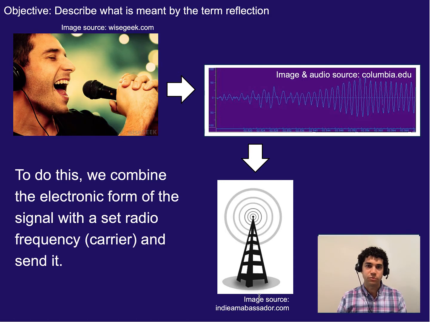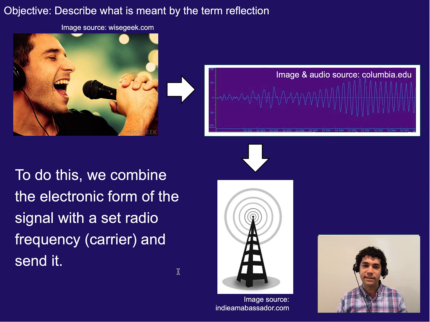So the process for that is we combine the electronic form of our signal with a carrier wave. So you think about a radio station, it has a tuning frequency that you go into, whether it's 106.1 or 106.7 or 98.9 or 94.9. Some of those are local, some of those are not.